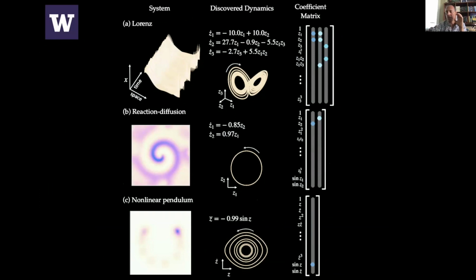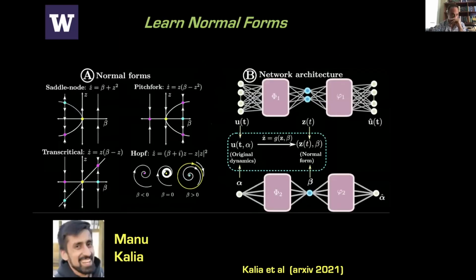I always think about this nowadays: we often underestimate how important the right coordinate system is. That's probably the most important thing of all, what is the right variable representation I want. By the way, we can generalize this same kind of autoencoder structure to learn what are called normal forms. There are underlying bifurcations that happen in all kinds of dynamical systems, and we can learn that representation directly from the data. So this allows us to learn the underlying parametric representation of the data.